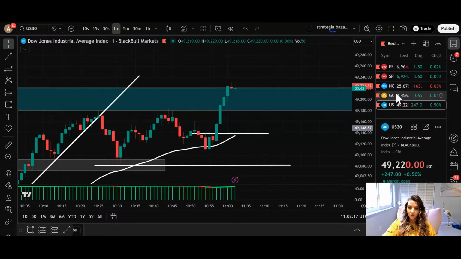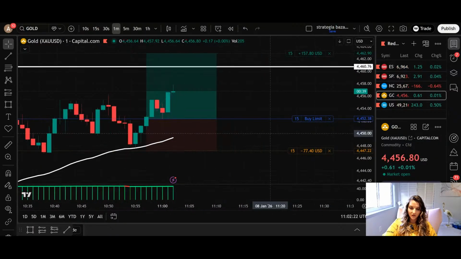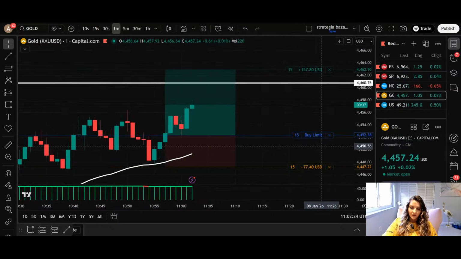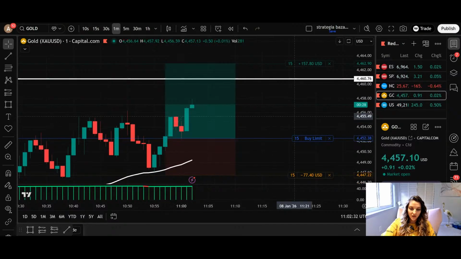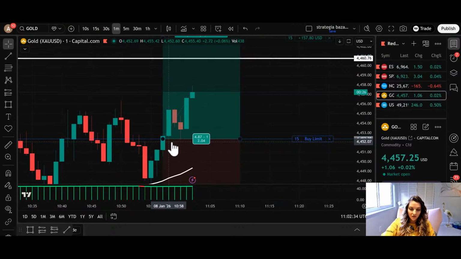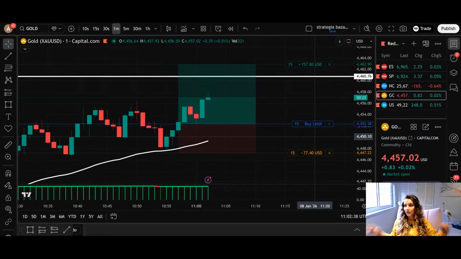Let's see, do the gold. What's going on with the gold? I almost touched my entry. Didn't want to. But here we go, guys. This was my entry to the gold. I touched it, but it didn't fill up. But if you saw it, here we go.